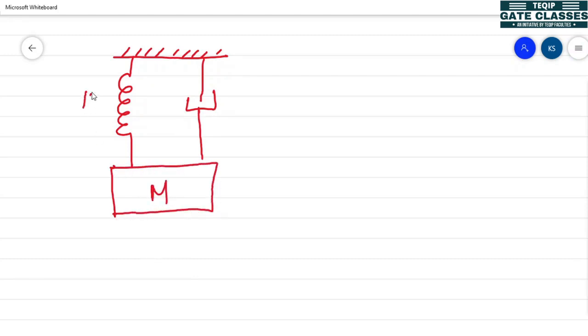Spring is having a spring constant of K and damper is having the damping coefficient of F. A force F is applied to the mass m and the displacement x is going to take place. So how to write a differential equation for this system? What you have to do is, you can make a free body diagram for it.